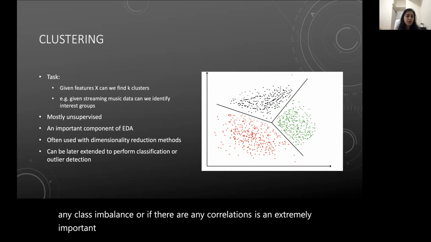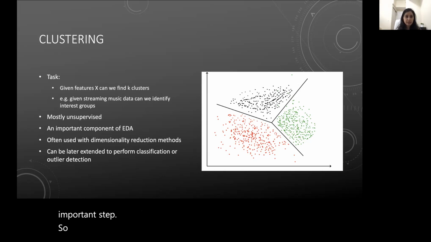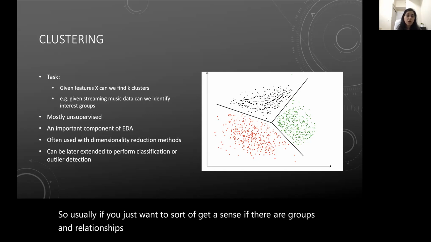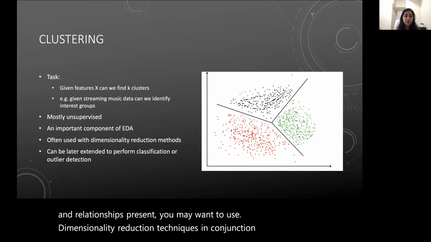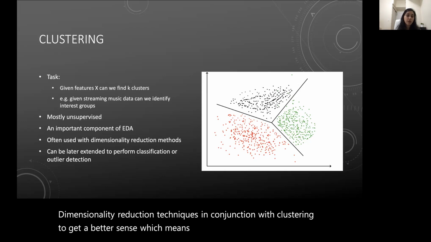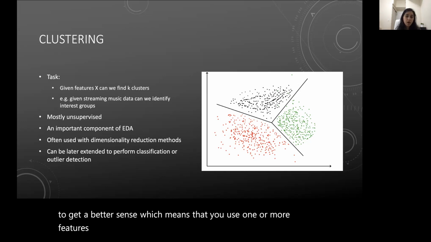If you just want to get a sense of whether there are groups and relationships present, you may want to use dimensionality reduction techniques in conjunction with clustering to get a better sense, which means that you use one or more features or some combination of them to establish the presence of those groups.